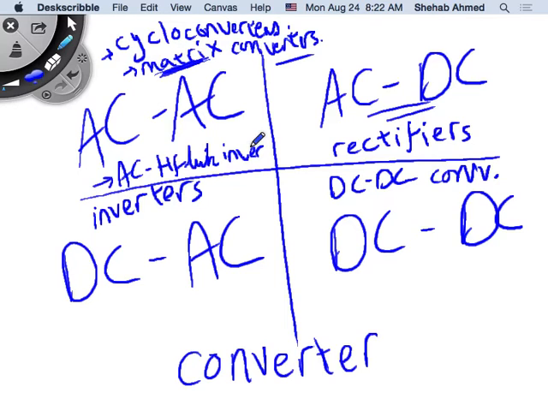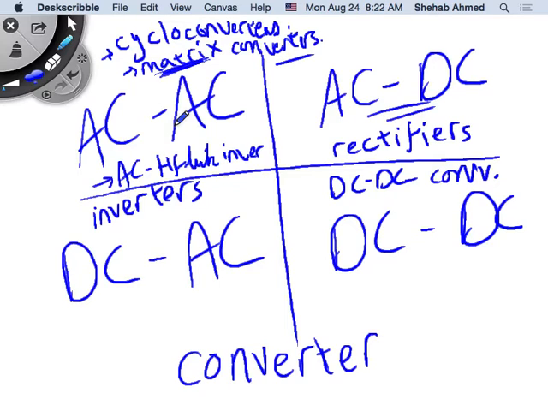But we will not cover, for example, in the AC to AC conversion family, all the converters. There's a huge amount of different types of converters, different families, different technologies and topologies. They all use different types of devices, different types of controls, and have different limitations. We will not study all of that, of course.